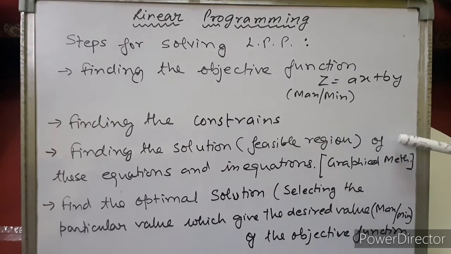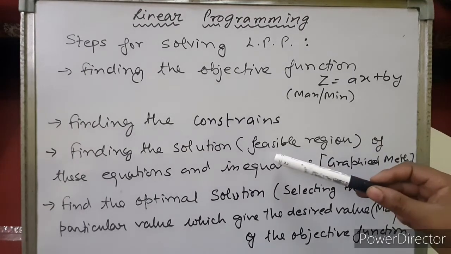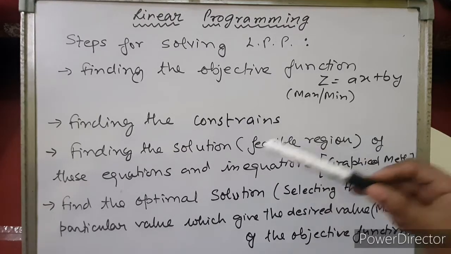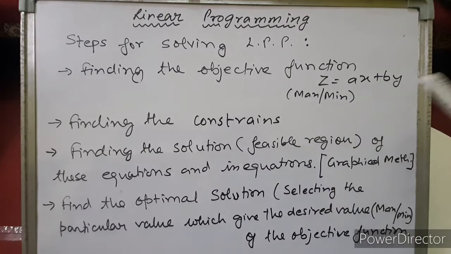The third step is finding the solution. The solution which we find will be the feasible region. This feasible region represents the solution of the constraints, so we will be finding the solution of the equations and the inequations. Here we use the graphical method to solve the inequations.